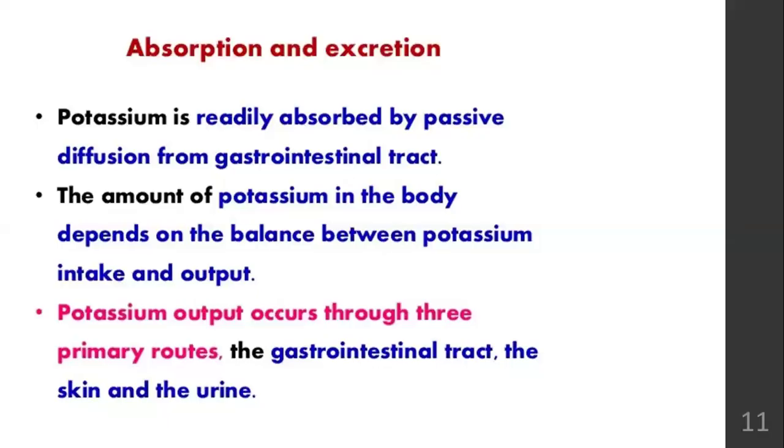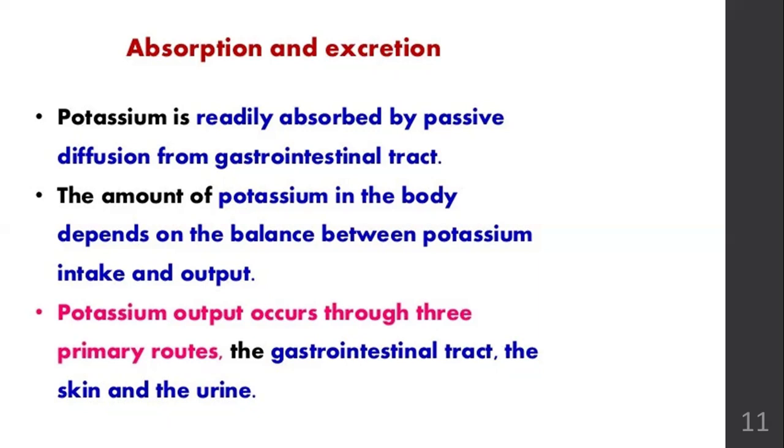So potassium is readily absorbed by passive diffusion from your gastrointestinal tract. Okay, the amount of potassium in the body depends on the balance between potassium intake and output. How much potassium you are eating and how much you are throwing out of your body. That is the one that creates the balance.